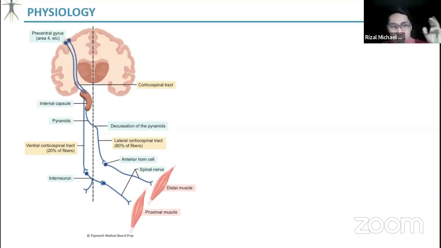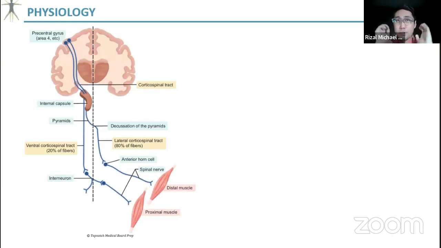So for example, we have the corticospinal tract, okay? The corticospinal tract in this image is the descending, no? Descending, going down, efferent, going down, and motor siya. So the decussation of this one is nasa cervicomedullary junction, no? So na lower medulla. So that means na when you say decussation, going to the other side, no, tatawid na siya.